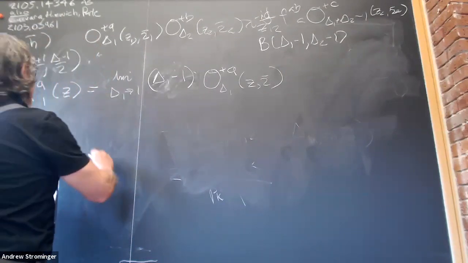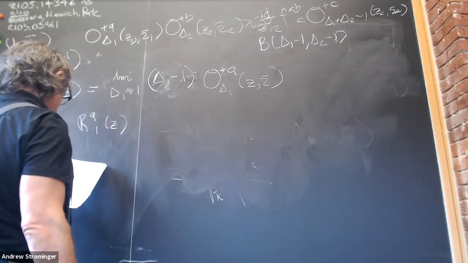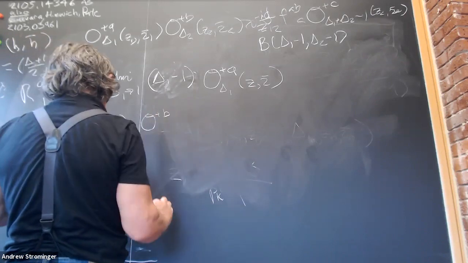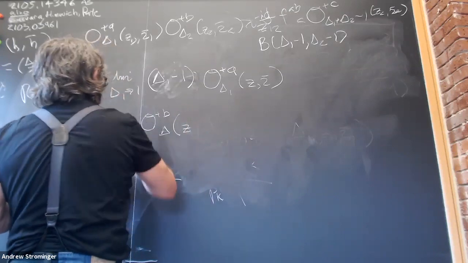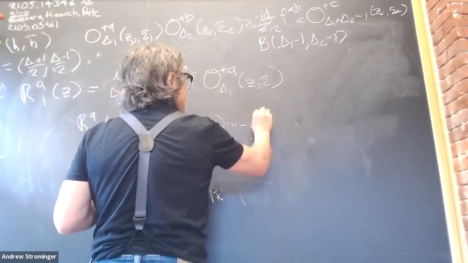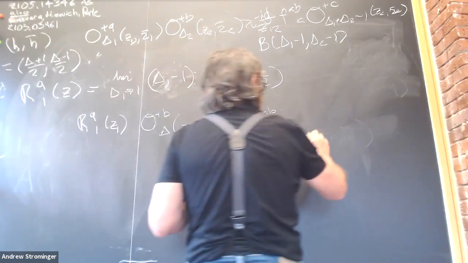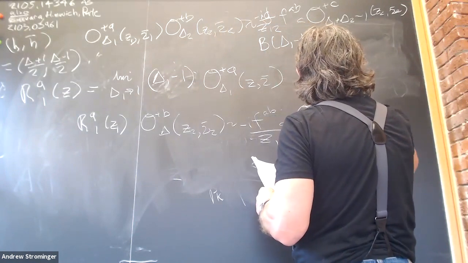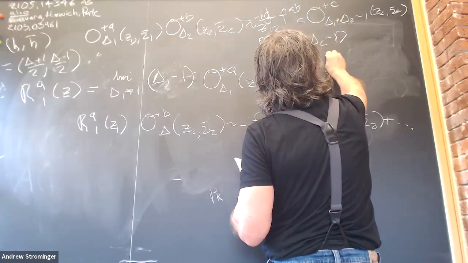And indeed, one finds that R^A_1 of Z with O plus B of delta of Z2, Z bar 2 goes like minus i f^{ABC} over Z_{12} O plus C of Z2, Z bar 2 plus dot, dot, dot.